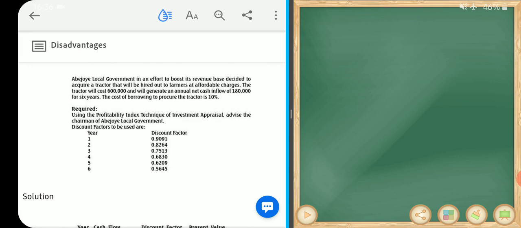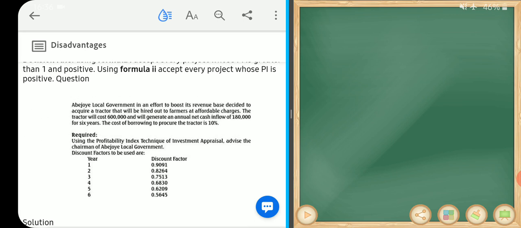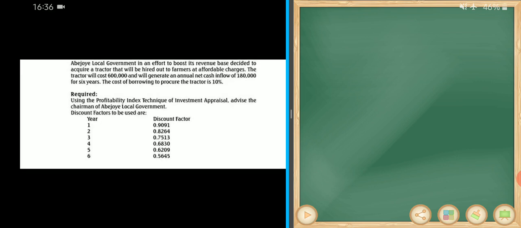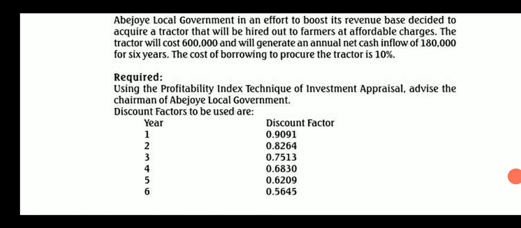Now let's look at this question, which is the last question we'll be looking at today. We have Ajiboye local government, in an effort to boost its revenue base, decided to acquire a tractor that will be hired out to farmers at affordable charges. The tractor will cost 600,000.